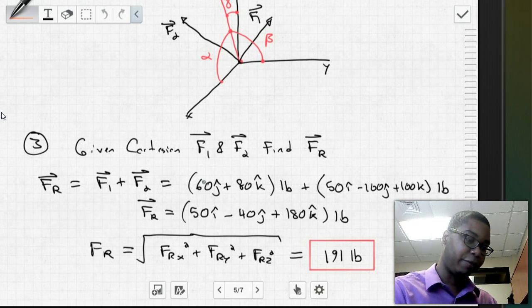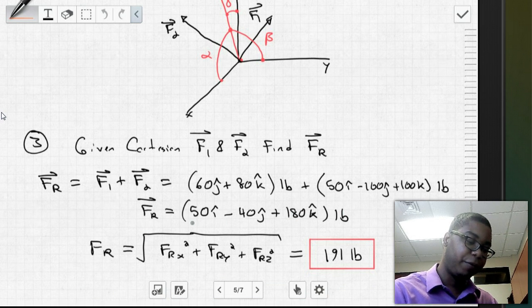So if we put the F1 in pounds plus the F2 in pounds, rearrange these and collect the like terms, then we would find that the force resultant in Cartesian form is equal to 50i minus 40j plus 180k pounds. And clearly 50 is our x component, negative 40 is the y, 180 is the z component.